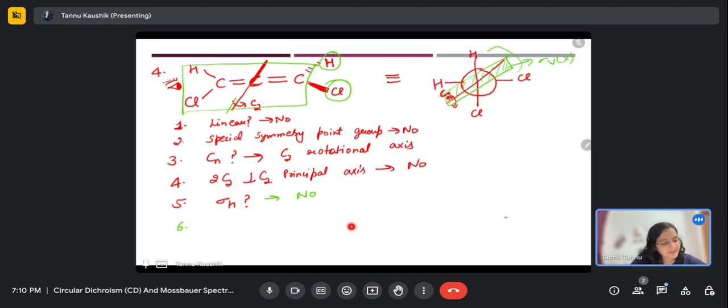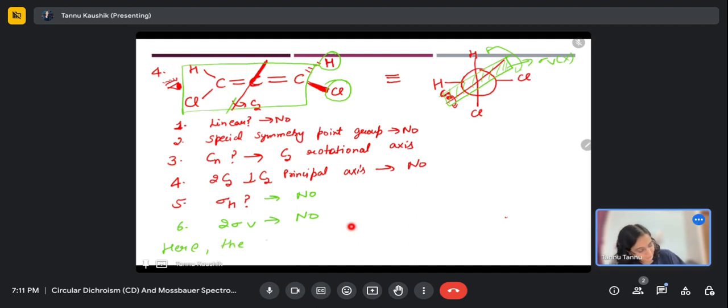We will get these hydrogen and chlorine atoms exchanged in their positions, and this will not be an identical configuration, so we don't have any vertical planes in the molecule. So here it means the molecule belongs to the C2 point group.